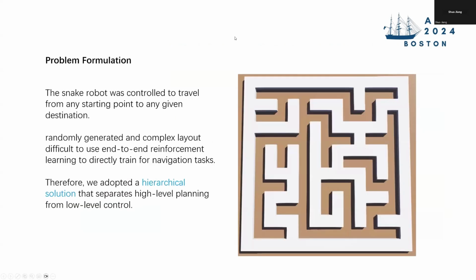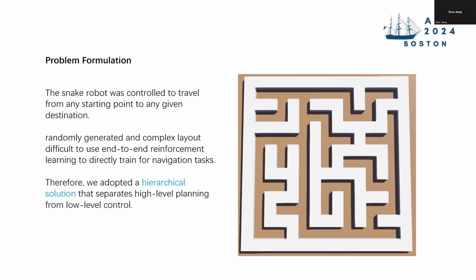The problem we are solving in this paper is that the robot aims to navigate in a very complicated maze layout. An example shown here is a randomly generated layout, and the robot starts from an arbitrary starting point and should navigate to an arbitrary goal.